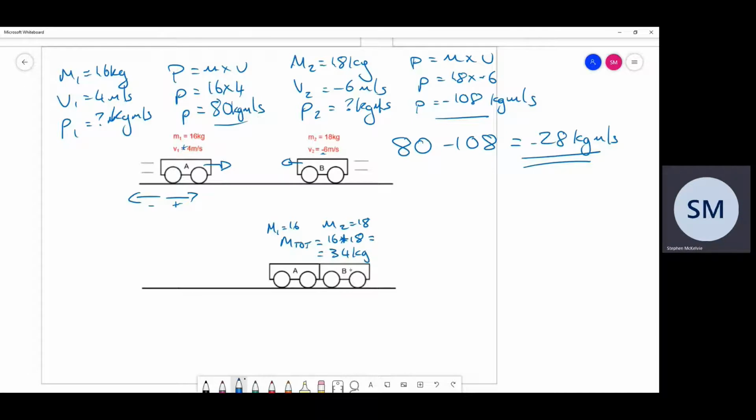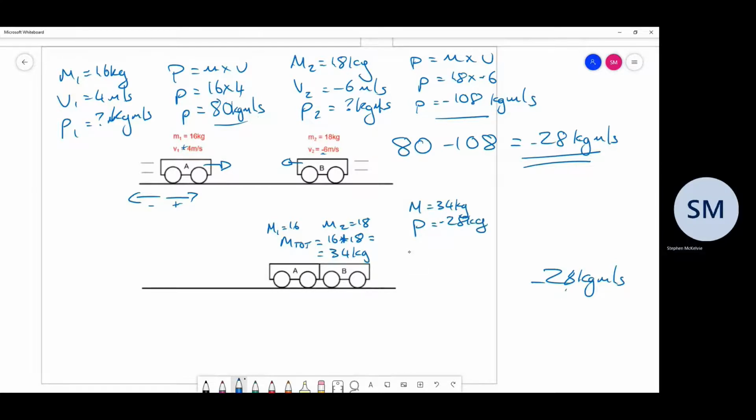I can now find the velocity because the momentum before will have to equal the momentum afterwards. Mass, 34 kilograms. Momentum, minus 28 kilogram meters per second. Velocity, I don't know how many meters per second. Momentum is equal to mass times velocity.